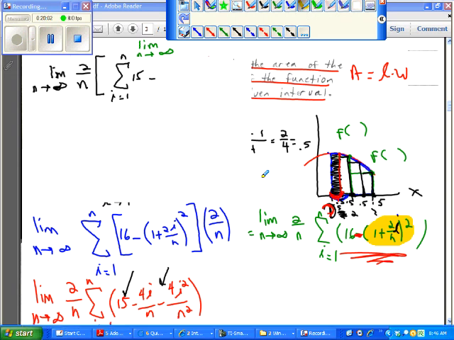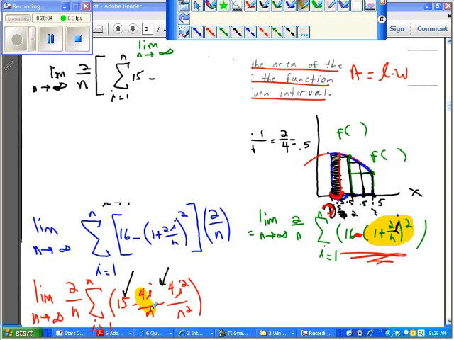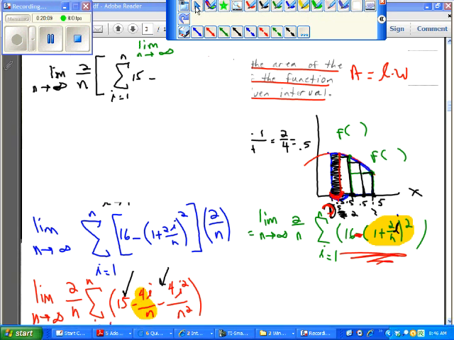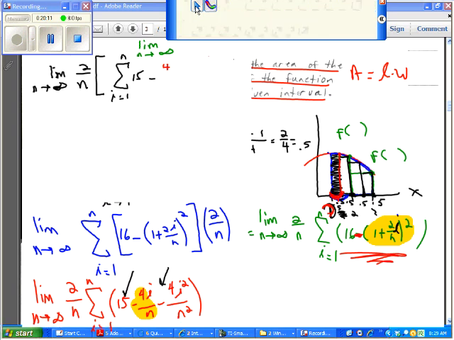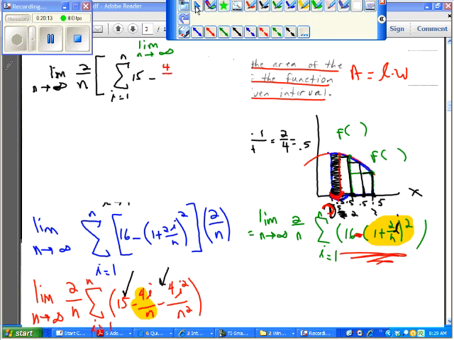now remember we can factor out, we want to isolate that i, right? So we're going to have minus 4 over n times the summation as i runs from 1 to n of i. I need to remove some more things here.